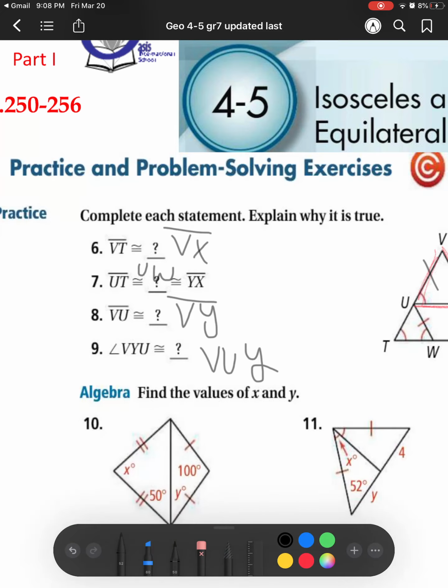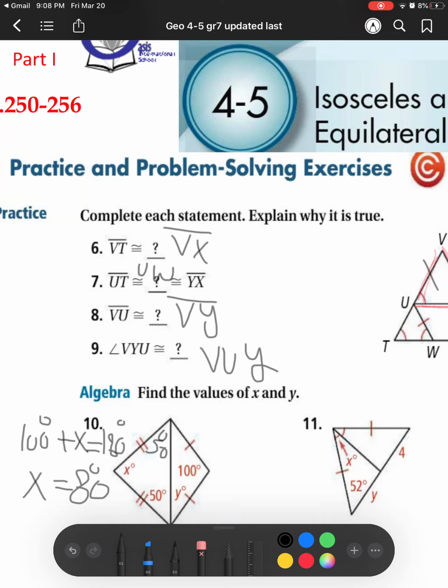And based on the three angles in any triangle adding to 180, 50 plus 50 equals 100. 100 plus x should give me 180. This means x equals 80.